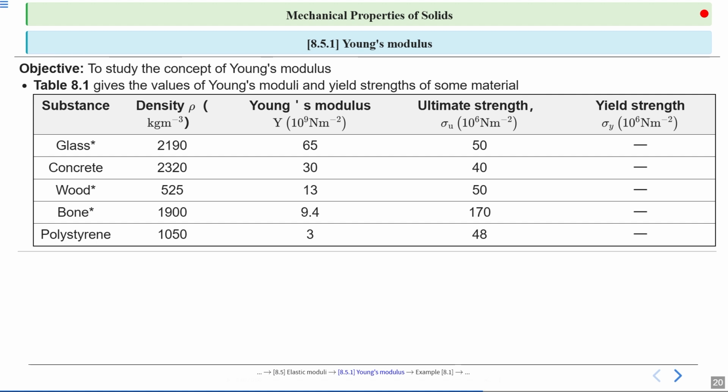For example, glass has a high Young's modulus of 65 into 10 raised to the power 9 Newton per meter square, meaning it's very stiff, while polystyrene is much less stiff at 3 into 10 raised to the power 9 Newton per meter square. The table also lists density, ultimate strength, and yield strength, which helps us compare how strong and heavy these materials are.